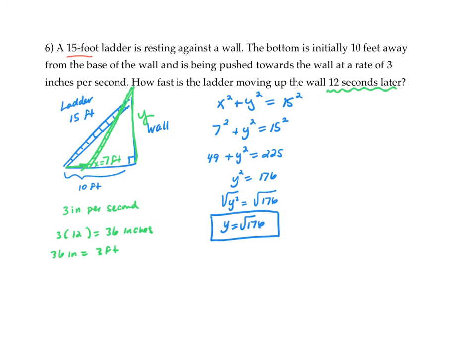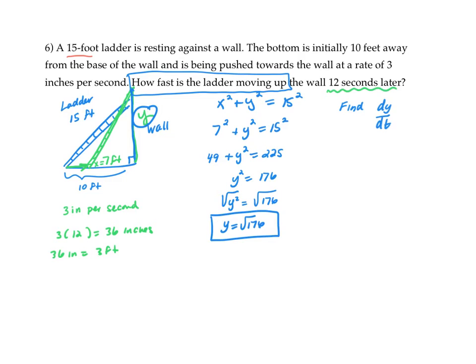All right, what we're being asked to find is how fast the ladder is moving up the wall. So we're essentially being asked to find dy/dt, the rate of change of the wall side with respect to time. How fast is that ladder moving up the wall? So we want to find the rate of change of y in our diagram.